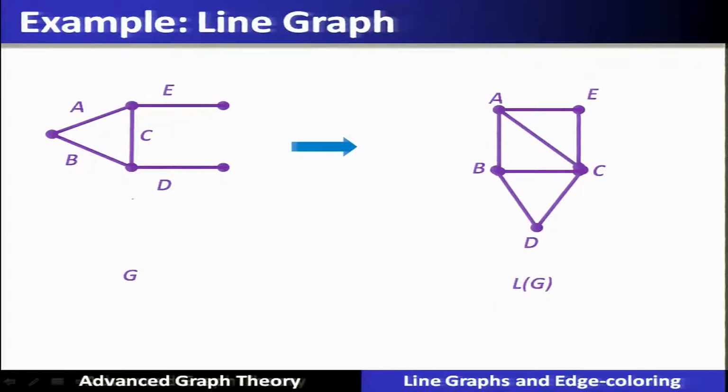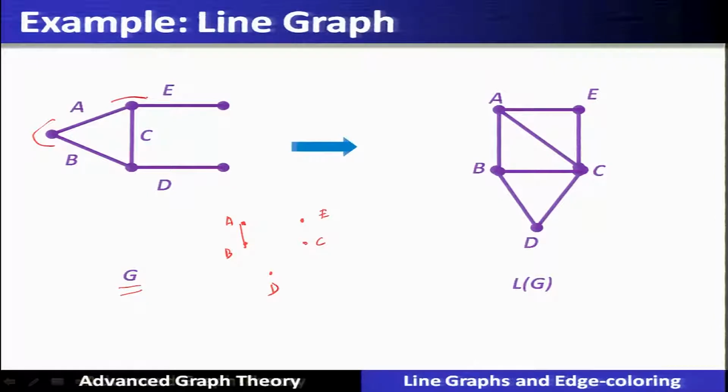In this example we are given a graph. For A we have a vertex, for B a vertex, for E a vertex, for C a vertex, and for D a vertex. Now, A and B are meeting, so we place an edge.